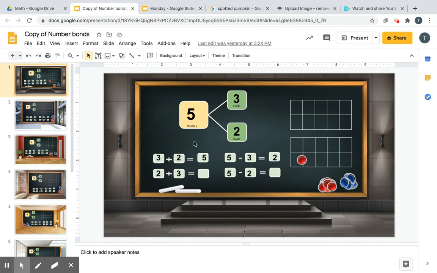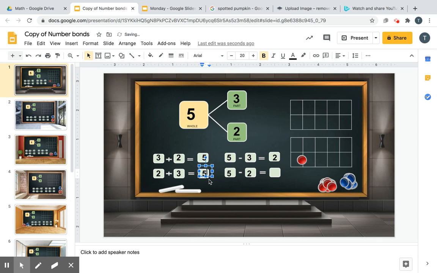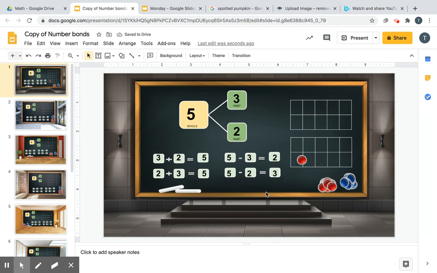So 2 plus 3 still makes what, guys? Still makes 5. And then we have 5 take away 2. So if you had 5 and you took away 2, what would be left? 3. So that's how we do that one.